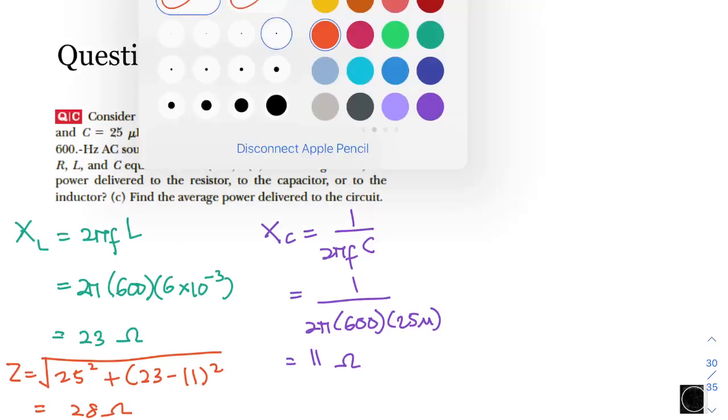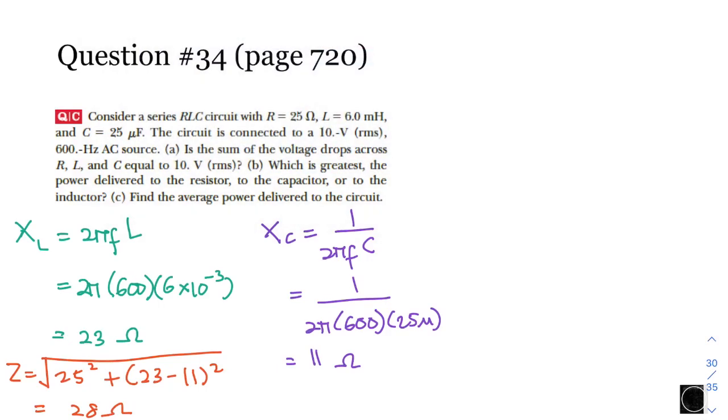Then you proceed with your solution. In A, you need to determine the sum of every delta V. Is it equal to 10 volt or not?